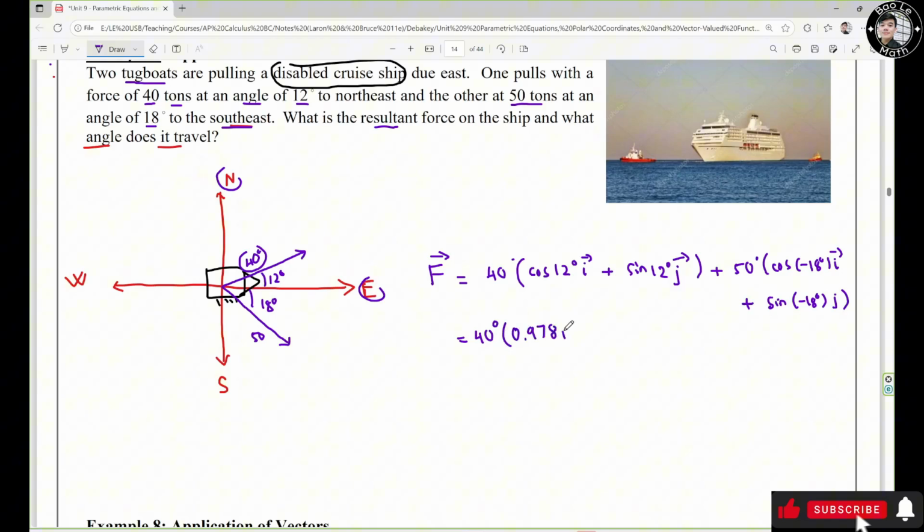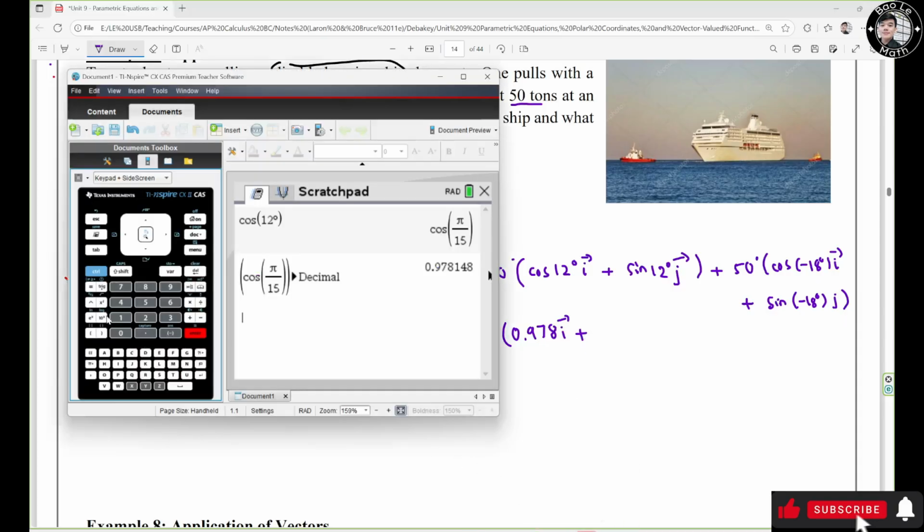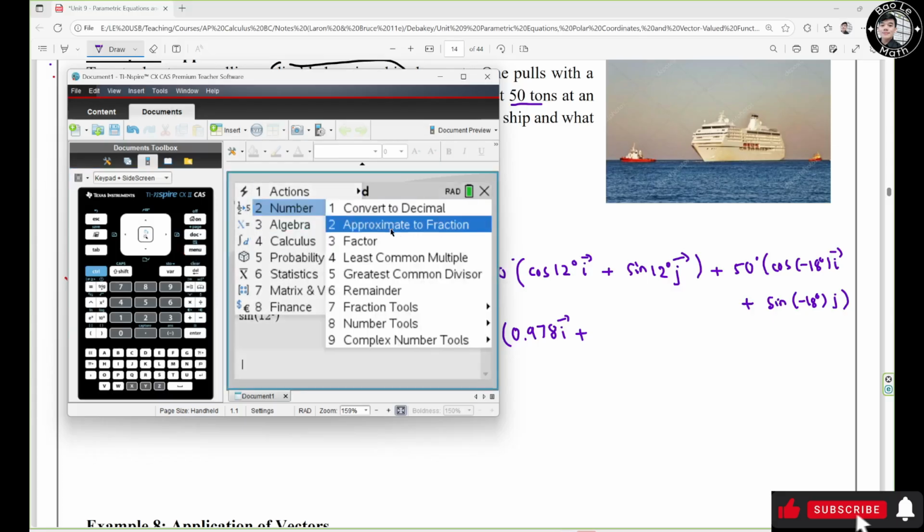So I have 40 times 0.978 i, plus, now similarly, I need to calculate sine 12 degrees. So I'm going to press trig, sine 12 and press pi right here, put degree, hit enter. And then I need to convert this one to decimal.